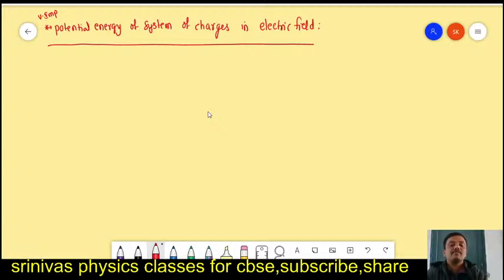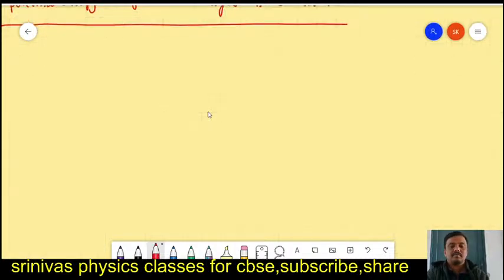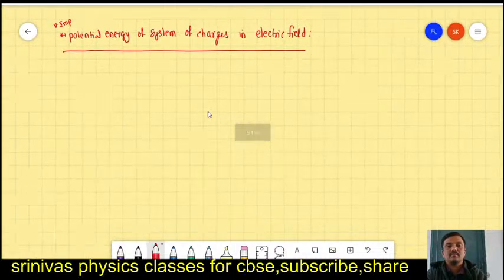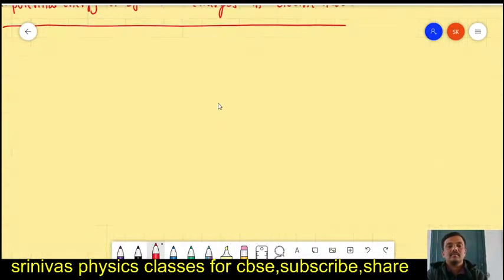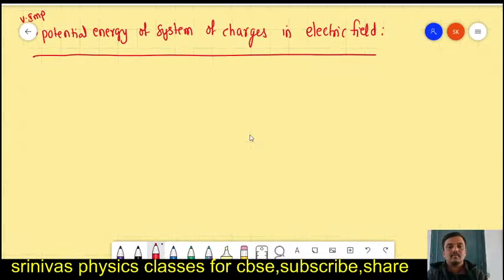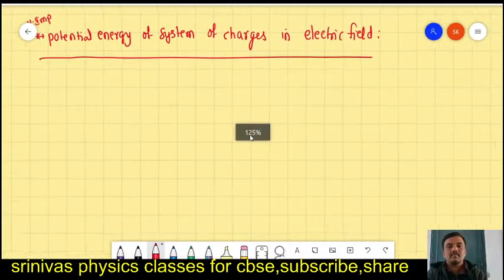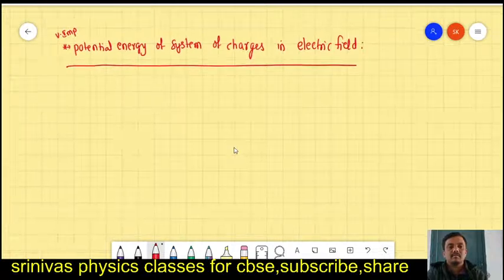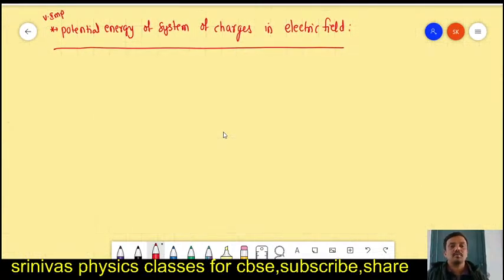Our topic is the potential energy of a system of charges in electric field. You see here, this is an electric field.